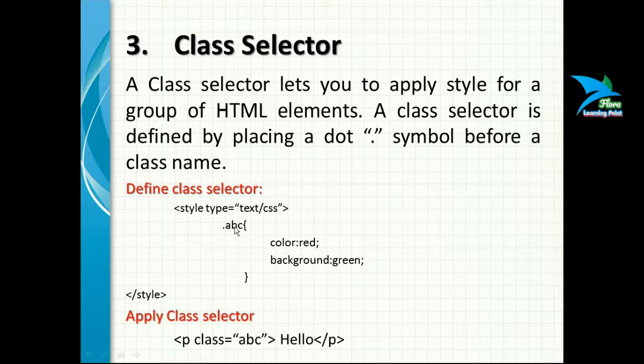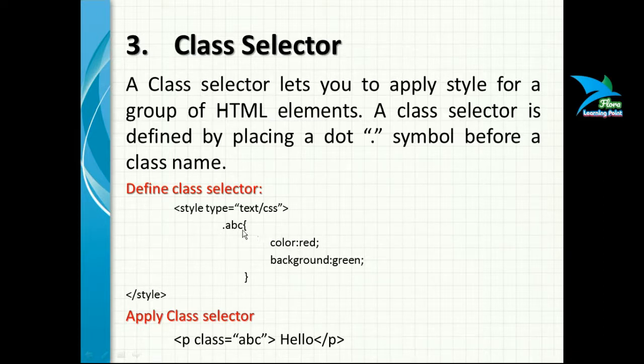For example, in case of the universal selector, you have to specify the star symbol. In case of the element selector, you have to specify the name of the element, the name of the tag. But if you want to create a class selector, then you can define any user defined name, preceded with a dot symbol, and inside these curly brackets you have to specify the style declaration, and that will be the same for all types of selectors.